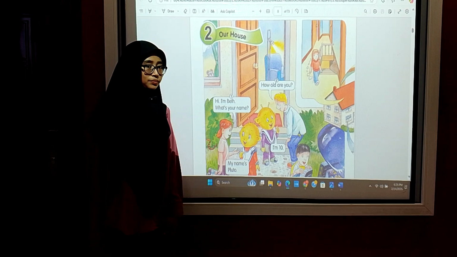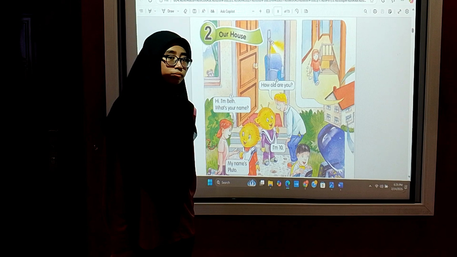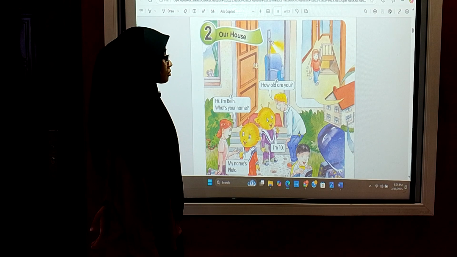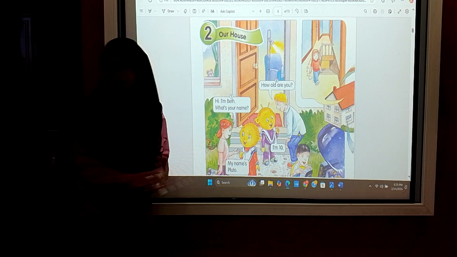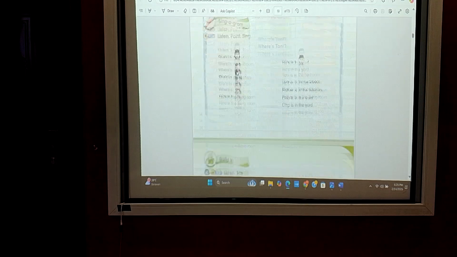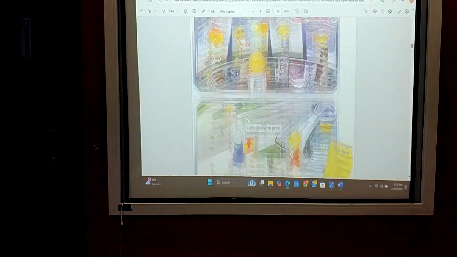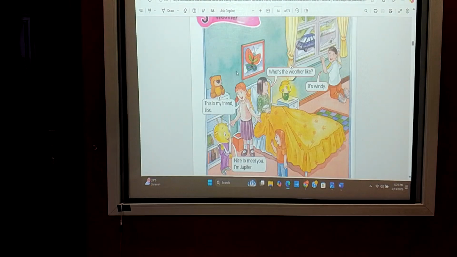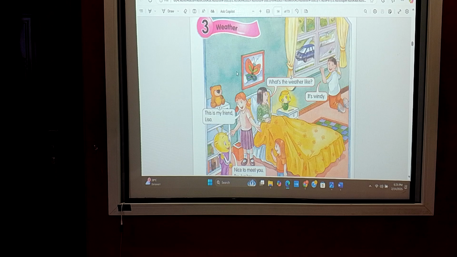Our house. So the Super Kids will be Unit 3, On a Picnic, page 18 until 23. Is it Unit 3 picnic or weather? This is you. You made it.